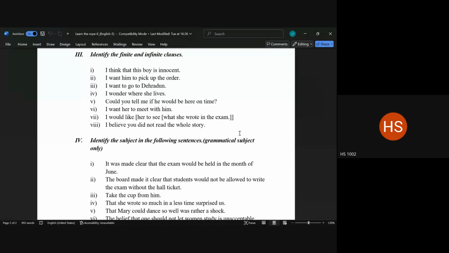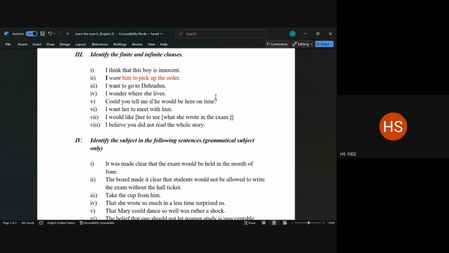Him to pick up the order is your subordinate clause. Look at the sentence structure: I is your subject, want is your verb, and the rest is the object of the verb want, in clause format. I ask, I want what? And the response is, I want him to pick up the order. So him to pick up the order is your subordinate clause.